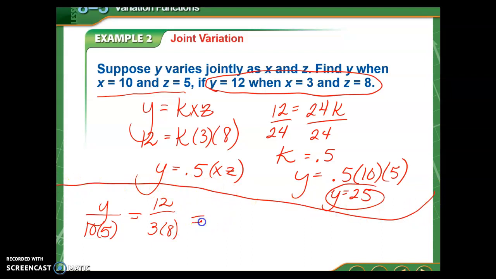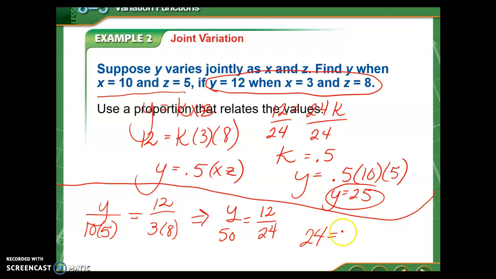So y over 50 equals 12 over 24, and then cross multiply. 24y equals 12 times 50, so 24y equals 600, and then divide by 24. y equals 25.